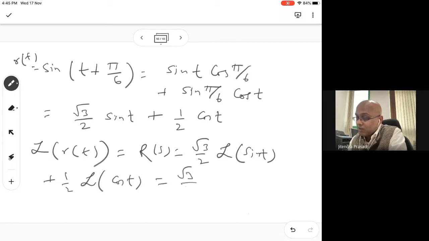The Laplace transform of sine t is omega over s square plus omega square, and omega here is 1, so you get 1 over s square plus 1, plus half, and again omega is 1, so you get s over s square plus 1.